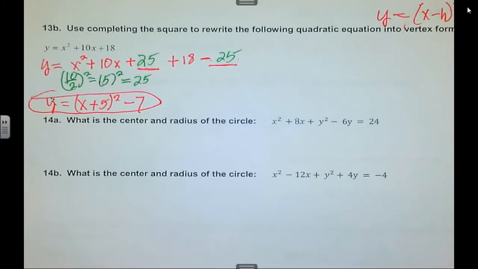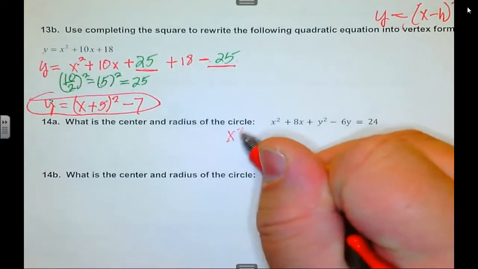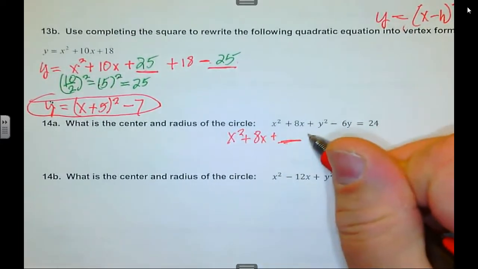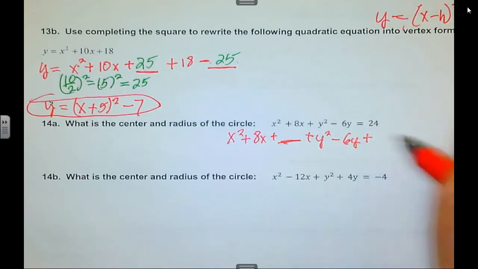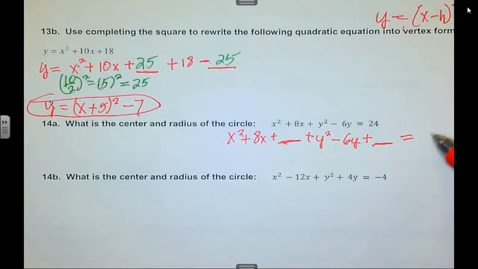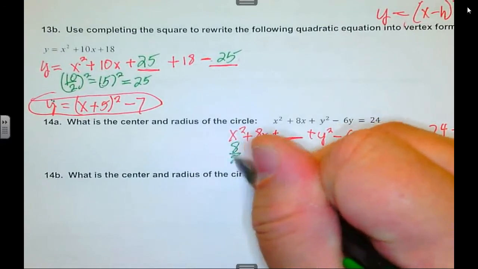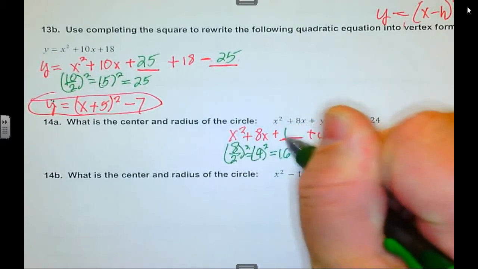And 14. Do it in a circle. I have to complete the square twice. So I have x squared plus 8x. I'm going to make a perfect square trinomial. Plus y squared minus 6y. Same thing with the y. That means I'm going to have 2 to add to the right side. Half of 8 squared is 4 squared, which is 16. There's my first one.